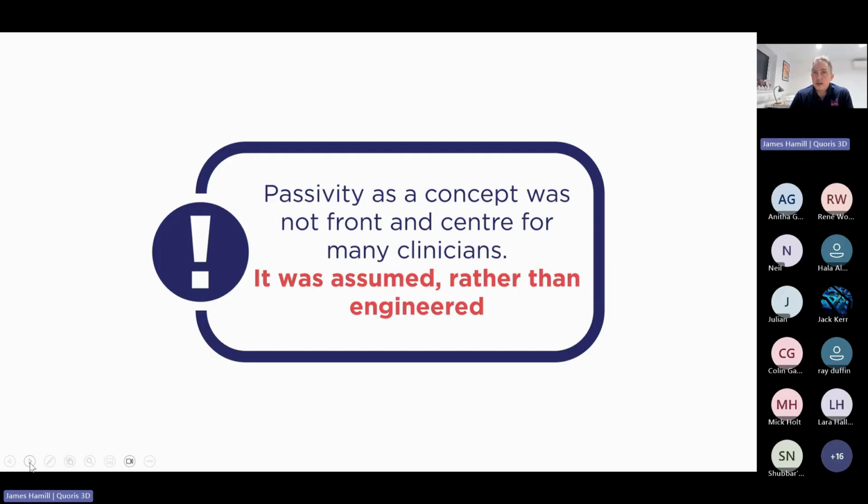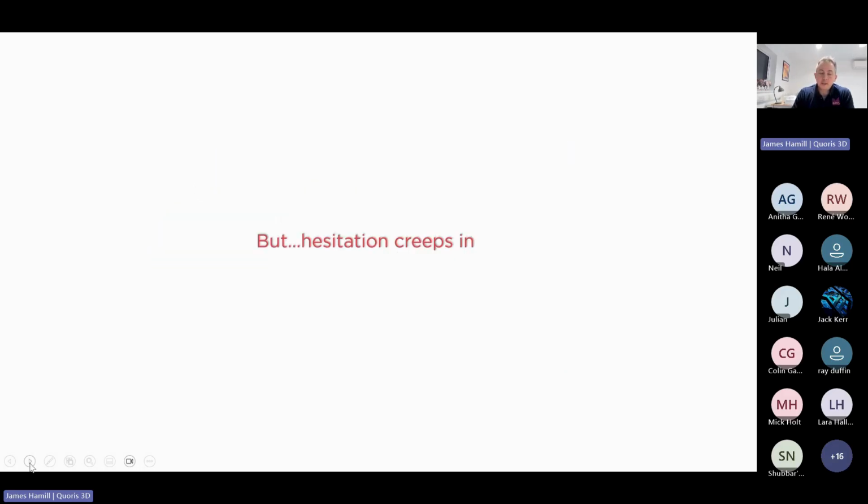But it's now almost a non-negotiable in doing this type of work, especially if you're doing it at volume. You do not want to have passivity problems because you will have issues further down the line. We will talk about that in a few minutes.